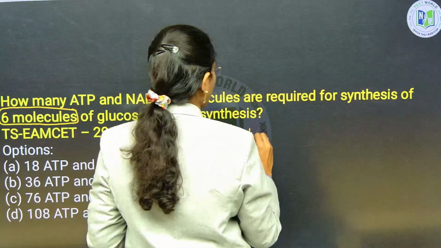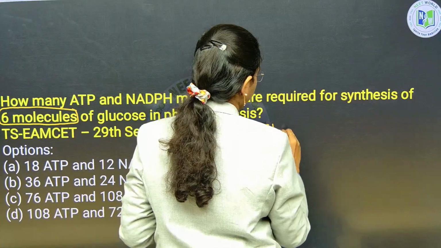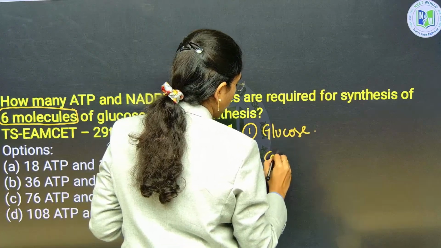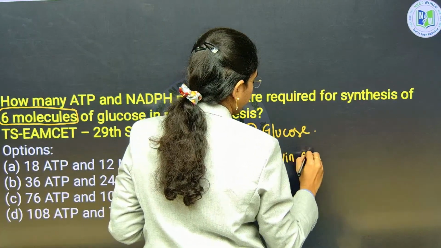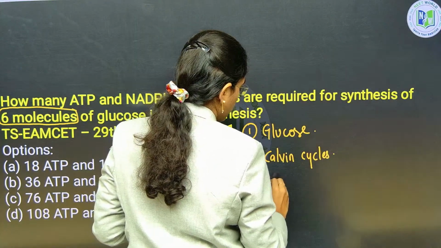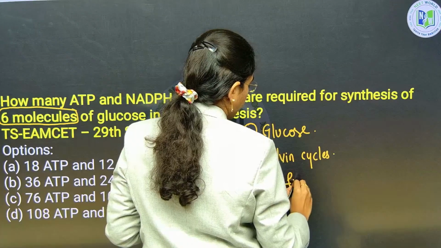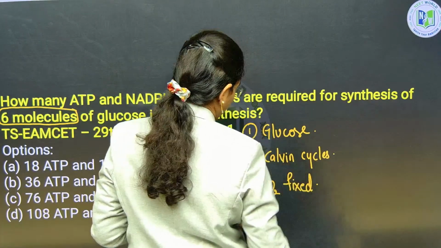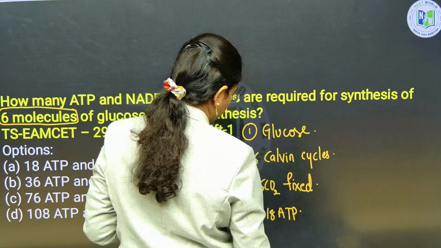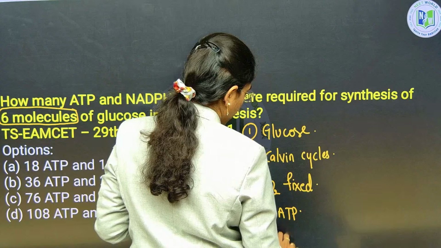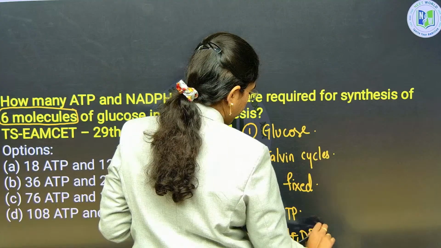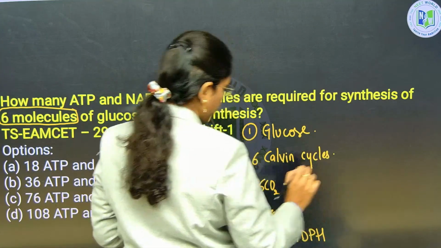For 1 glucose formation, 6 Calvin cycles will happen. 6 times CO2 is fixed, and 18 ATP and 12 NADPH are required. Fine.